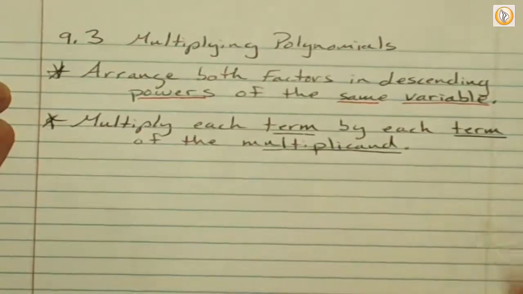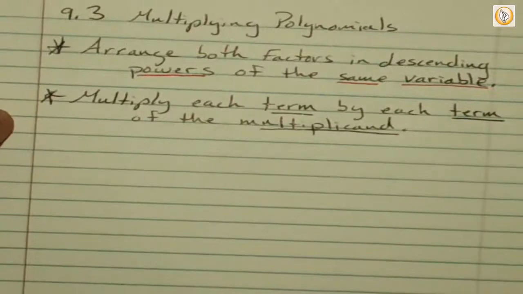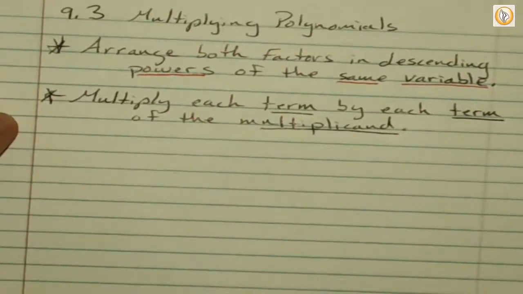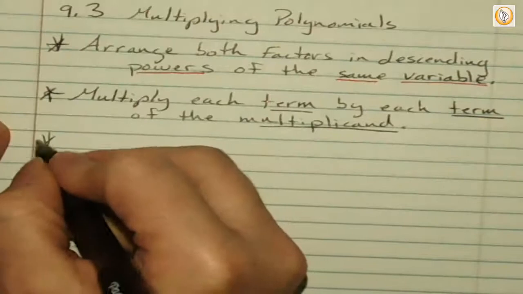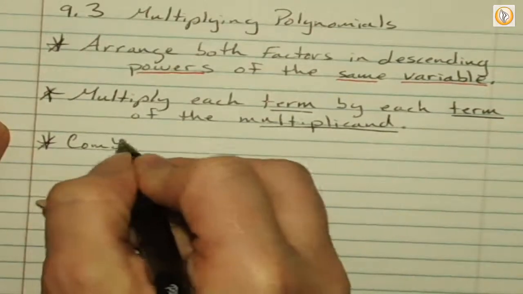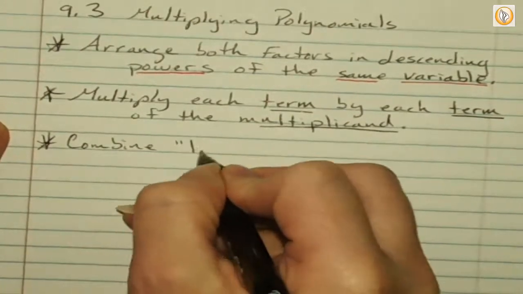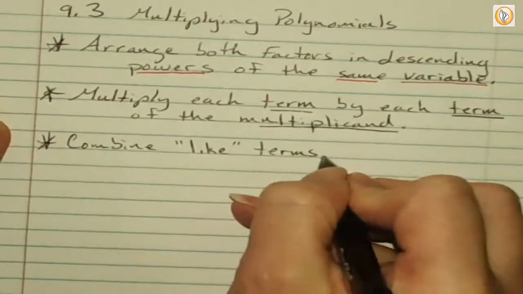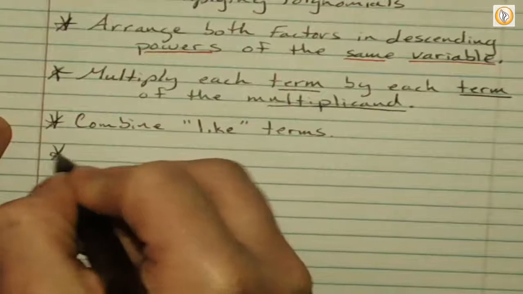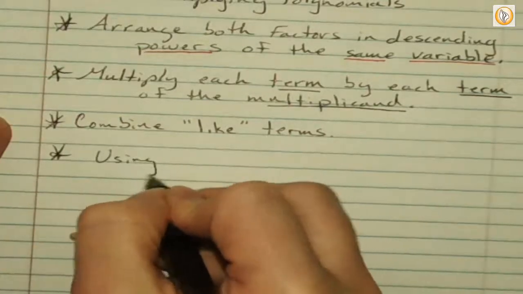And I'm going to explain all that to you, so don't freak out. Multiplicand? Oh yeah, I'm going to show you. Just write this down. Be good children. You're going to combine like terms. And you're going to be using the distributive property.